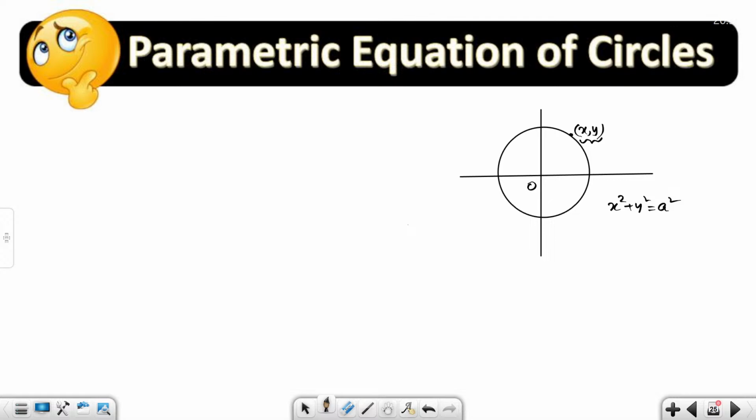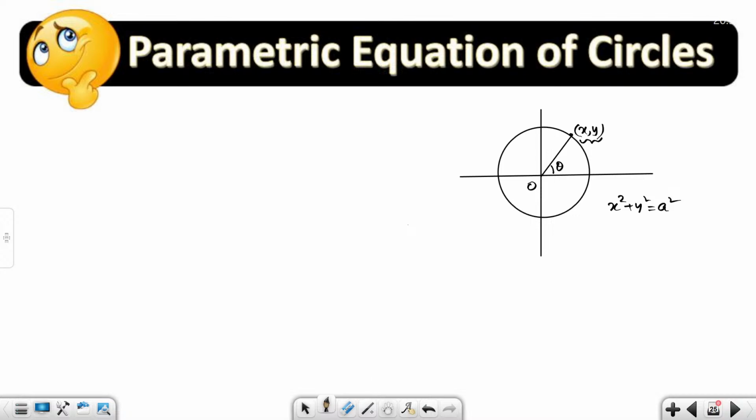So our main tendency will always be to reduce the variables. Now, parametric form is one way of reducing variables. How? I simply join this point with the origin, and let us say this radius makes an angle theta with the positive direction of the x-axis.